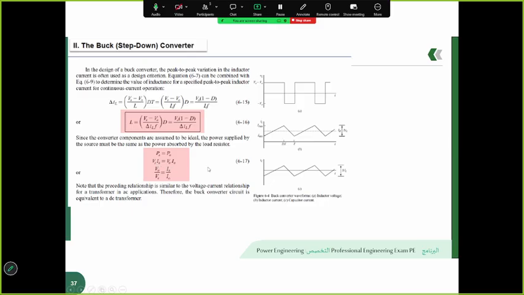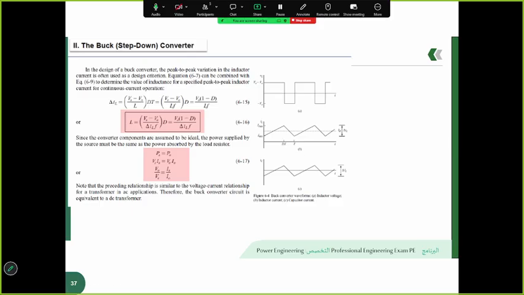From this, we see that the voltage ratio is the same as the duty cycle. Vo over Vs is equal to D, and the current ratio is the inverse, Is over Io is equal to D. This relationship is similar to the voltage-current transformation of an AC transformer, which is why a buck converter is often compared to a DC transformer.